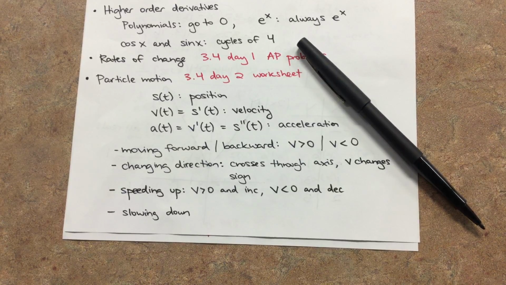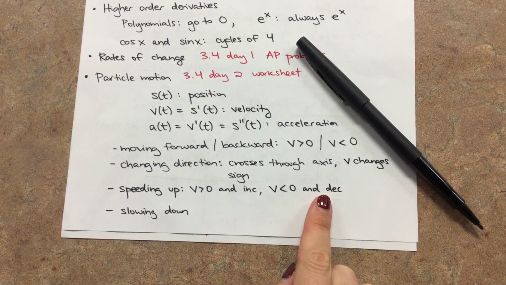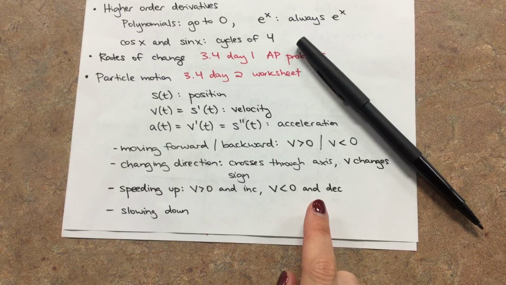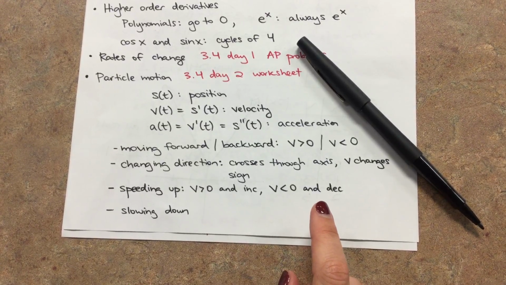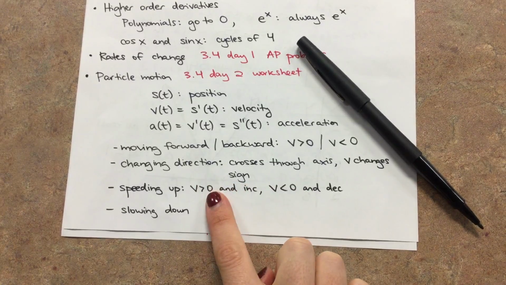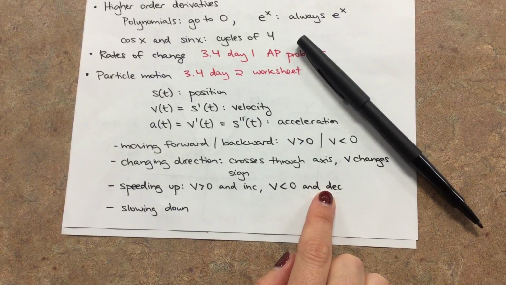Remember when we say speeding up, we want to know if the speed is increasing or decreasing, and speed is the absolute value of velocity. For the first one, if the velocity is positive and increasing, it's getting faster and faster. And if our velocity is negative and decreasing, that means it's getting more and more negative. If it's getting farther away from zero, that actually means it's speeding up, because speed always takes the absolute value. So either already positive and getting more positive, or already negative and getting more negative.